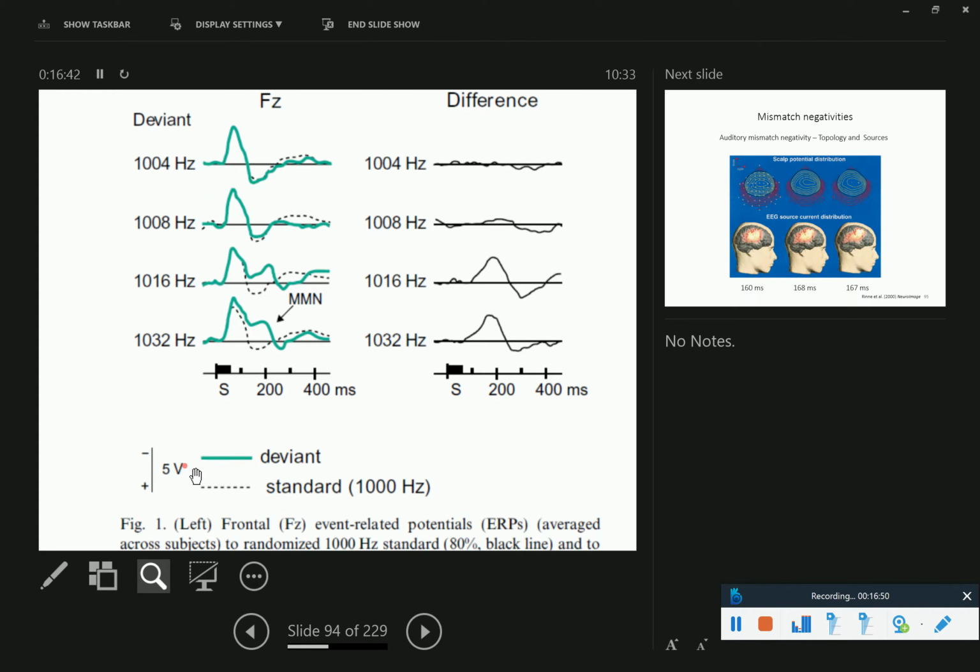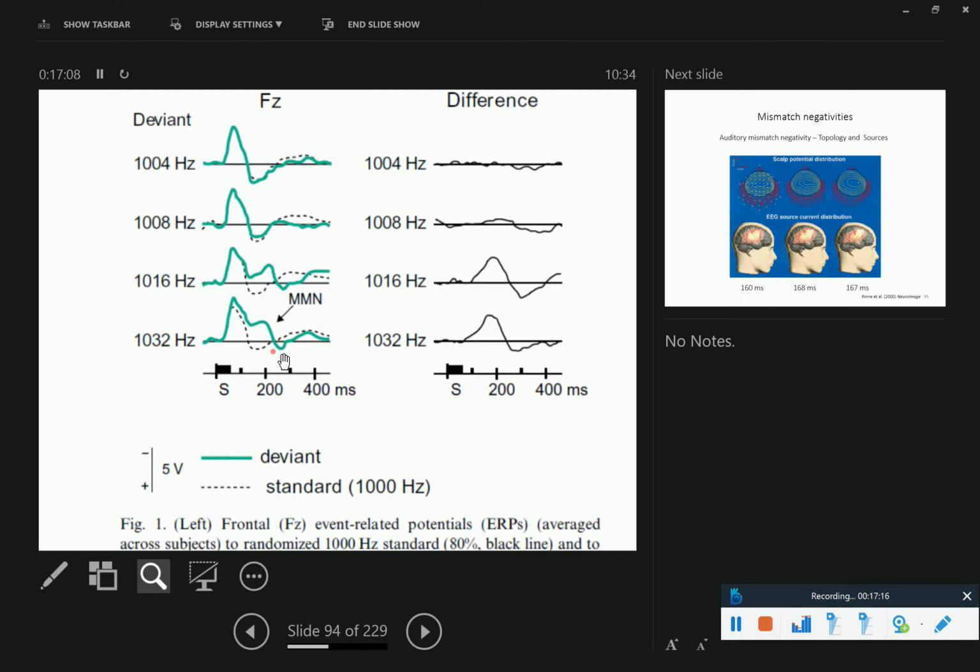And you don't have proper axis labeling on each of those, but you have one axis for all. In any case, you have here the stimulus onset, and you have two conditions. In green, you have the deviant, and in dashed black, you have the standard.